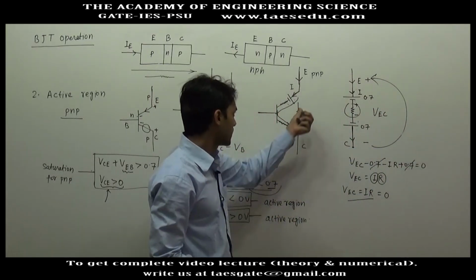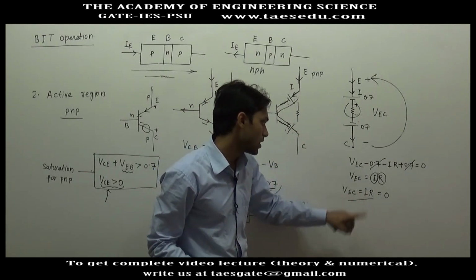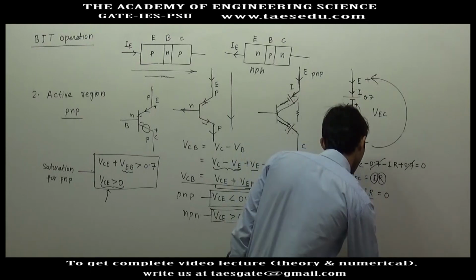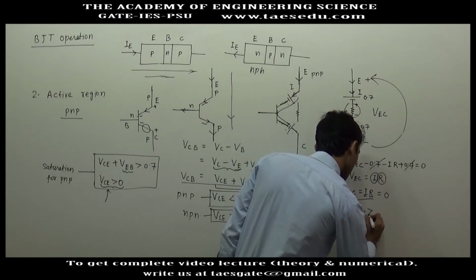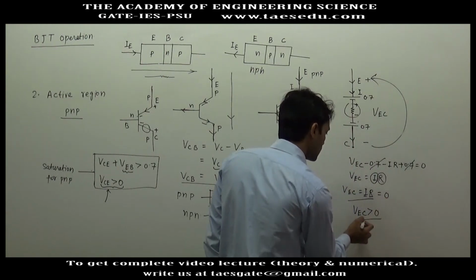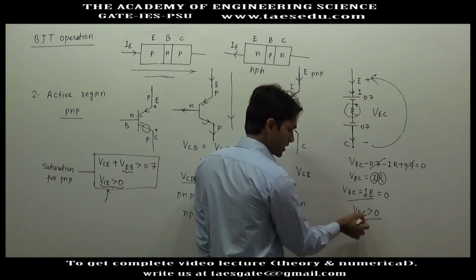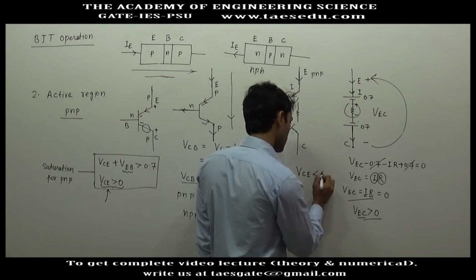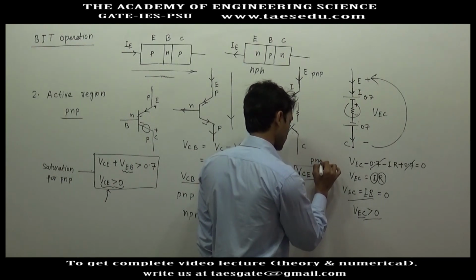But if it has some internal resistance, VEC will be equal to IR, and both I and R are positive, so VEC will be greater than 0. If VEC is greater than 0, obviously VCE, which is negative of VEC, will be less than 0 in case of PNP transistor.